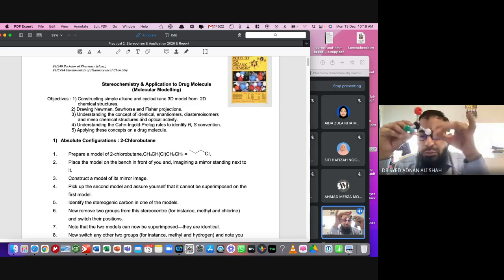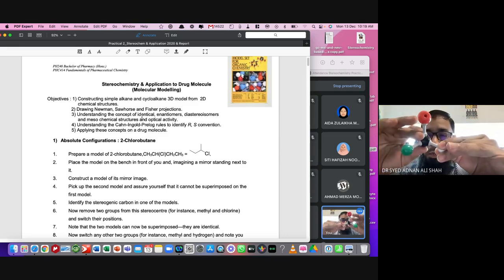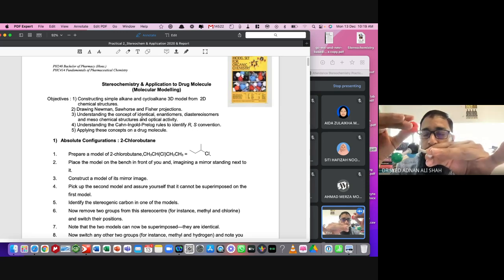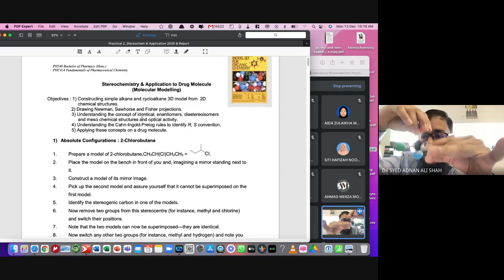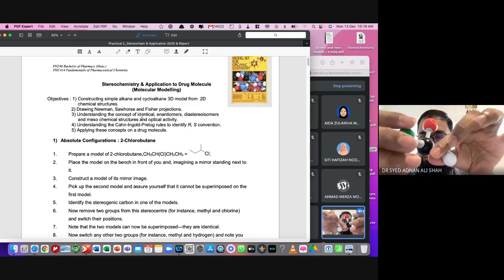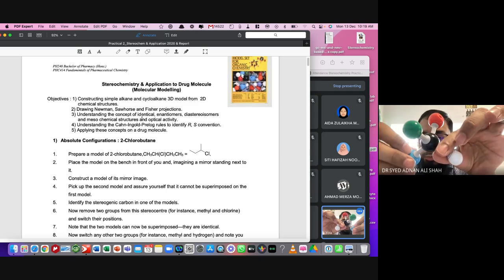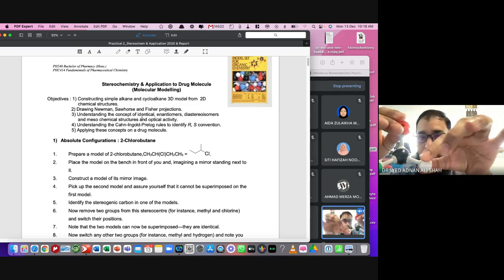So you can see this compound, right? This is the carbon, and these are the atoms, 1, 2, 3 and 4. This one is blue, this one is green, this one is blue, and this one is red, and this is the hydrogen.